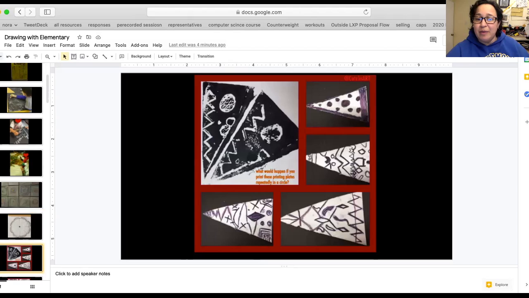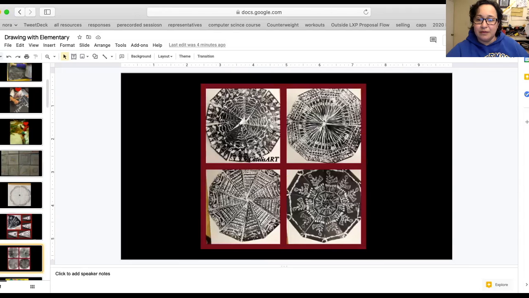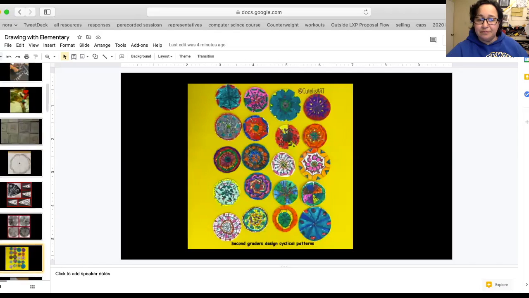I've used the same idea with printmaking and scratch foam. Here are the results of the lines and shapes being used on scratch foam to create a cyclical pattern. I've also used markers and drawing with that same idea in mind.